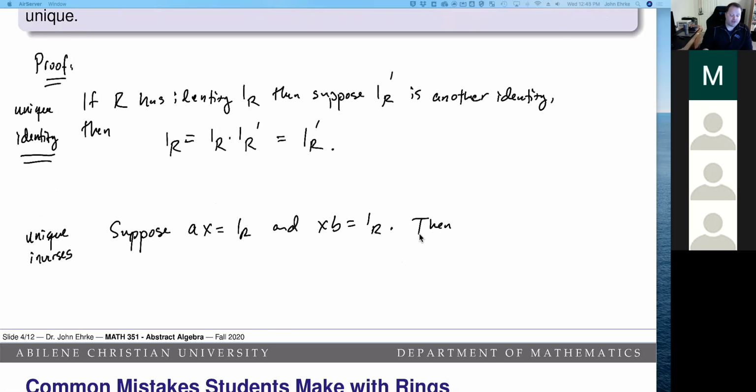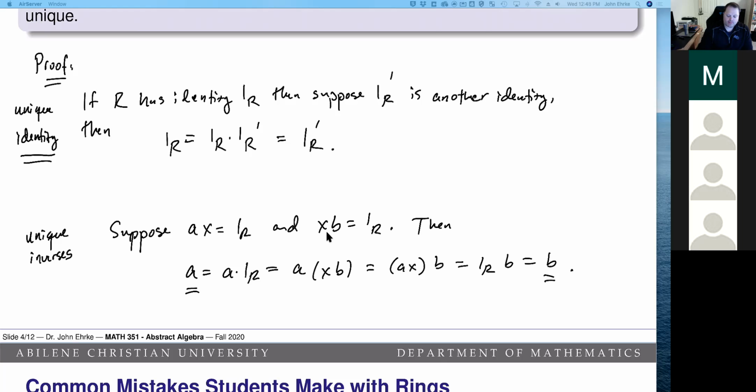Then what you have is a is equal to a times 1R, and I can replace the identity, this 1R, with x times b. But that's the same thing as ax times b, and we know ax is also the identity. So you get that a is b.